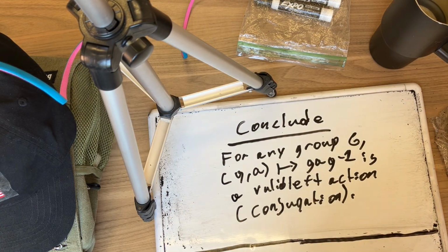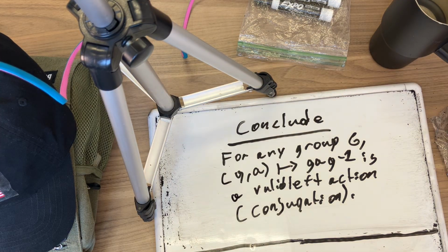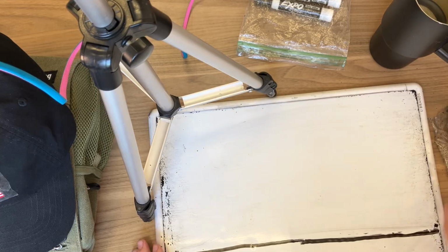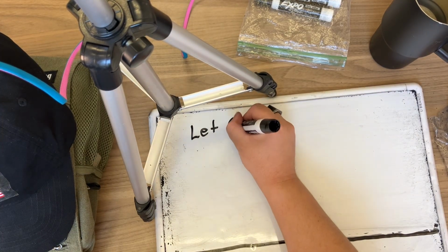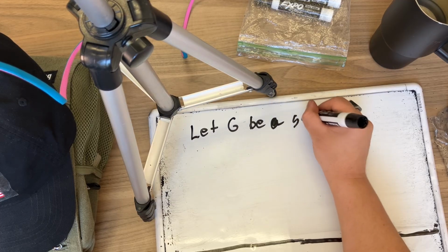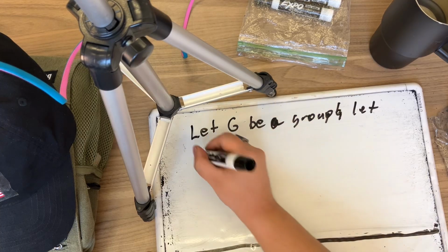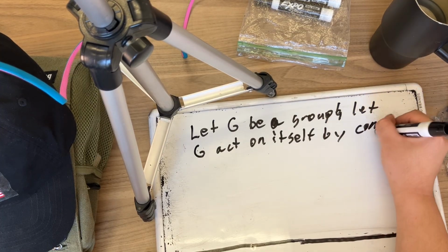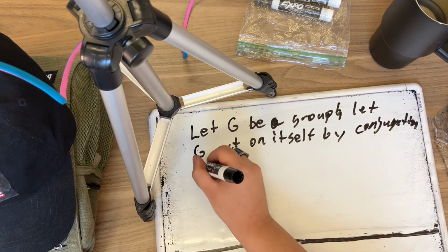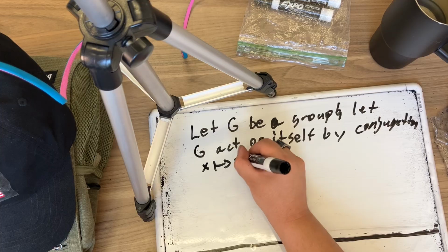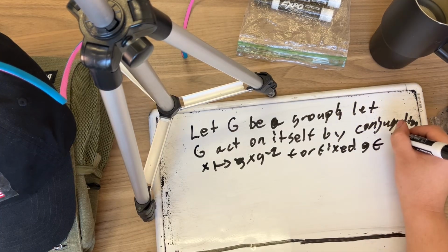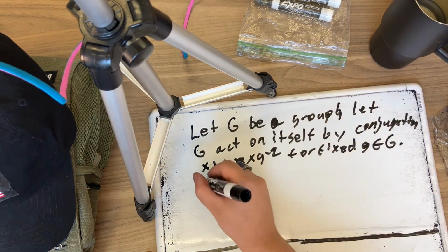Let's move on to exercise 17. So for exercise 17, let G be a group, and let G act on itself by conjugation, which is what we just showed previously: x maps to g x g inverse for fixed little g as an element within G. So this has three parts.